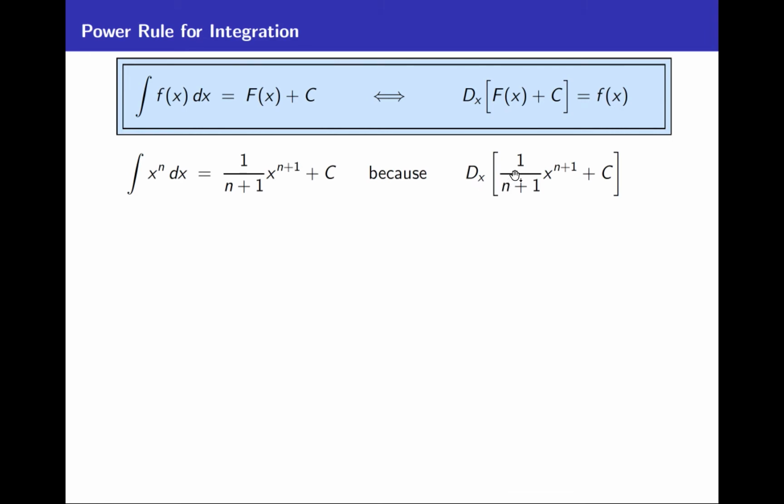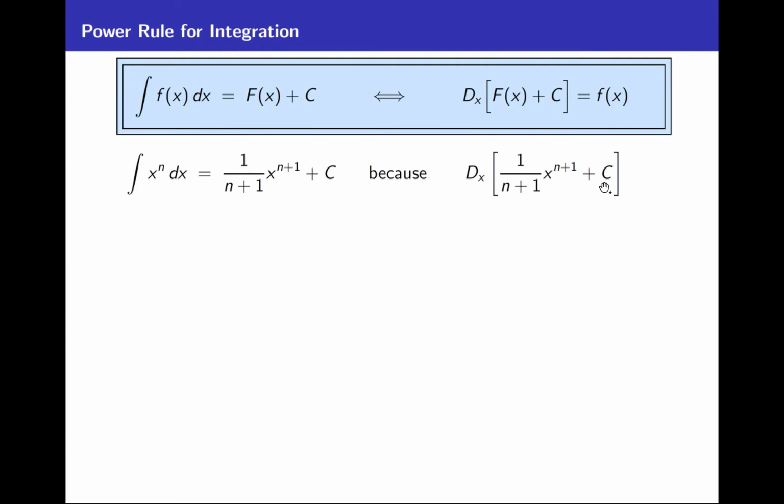The derivative of 1 over n plus 1, x to the power of n plus 1 plus c would be, let's see, you'd bring down the power of n plus 1 by the power rule for derivatives. It would come out in front of the x, and it would cancel with this n plus 1 here, and then you'd raise x to the power of n plus 1 minus 1, which is just n.